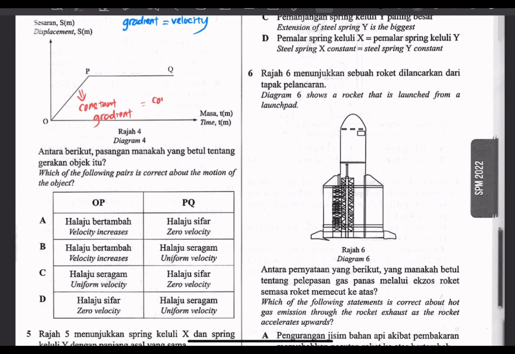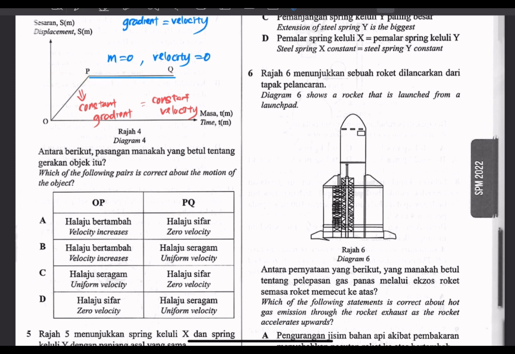Gradient represents velocity, so it's a constant velocity. For PQ is a horizontal straight line. The gradient over here is 0, so the velocity is 0. The particle remains at the same position.